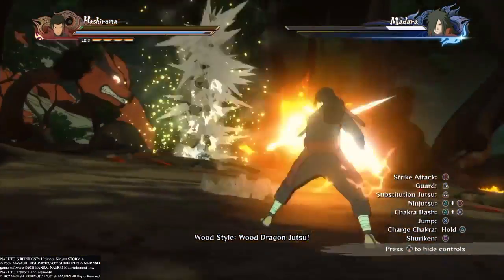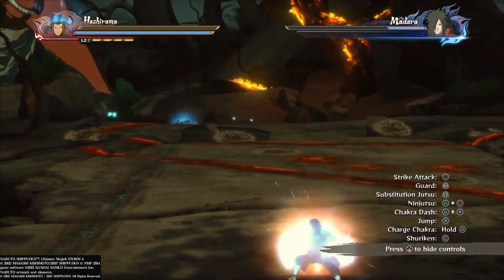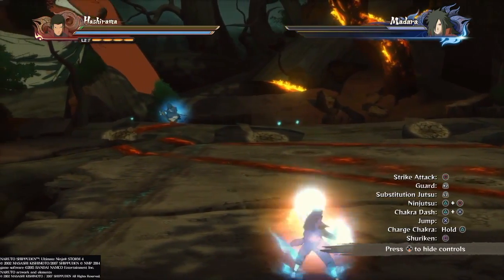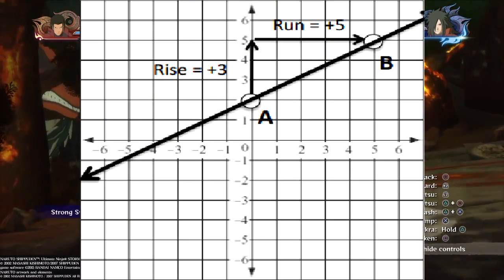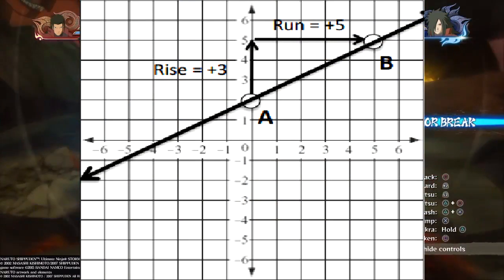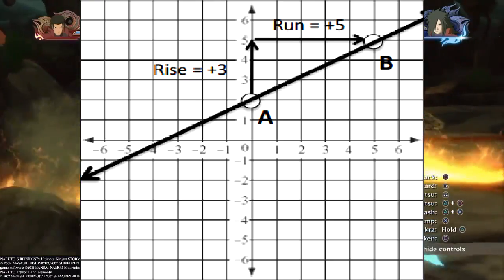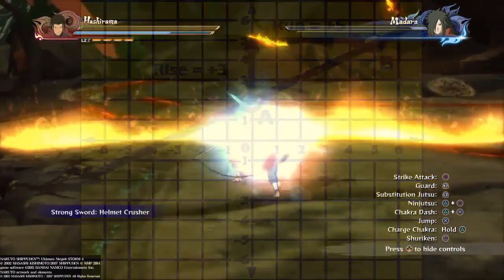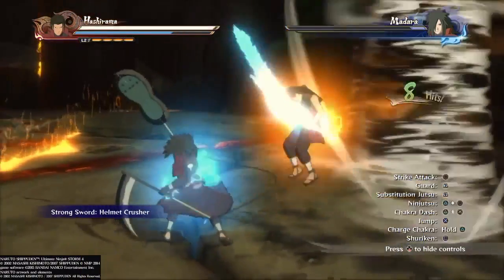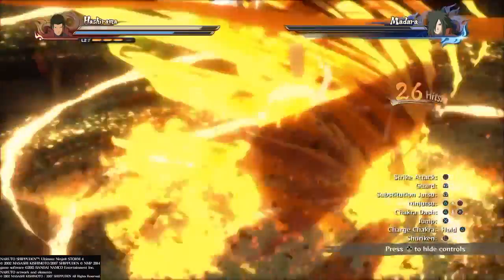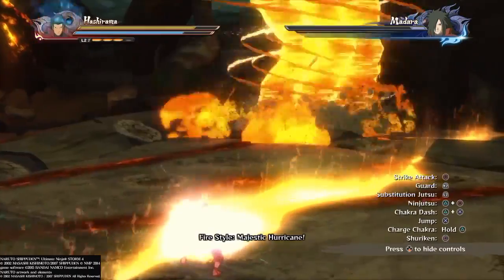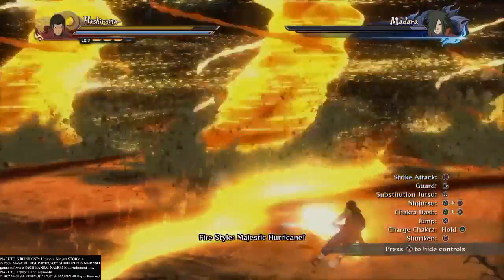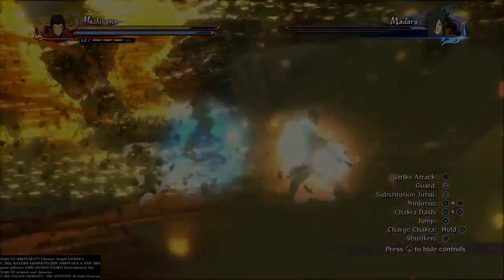Make sure it only works if it has boxes, and I'll put a picture of it right now. As you see, point A is plotted at 0, 2, and point B is plotted at 5, 5. You go up 3, which is the rise, and you go right 5, which is the run. If you went left, it would be a negative, and if you went down, it would be a negative. And as you can see on the graph.